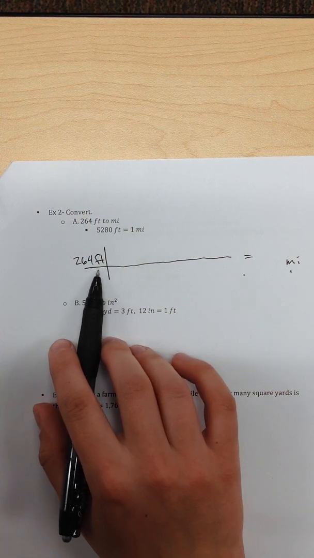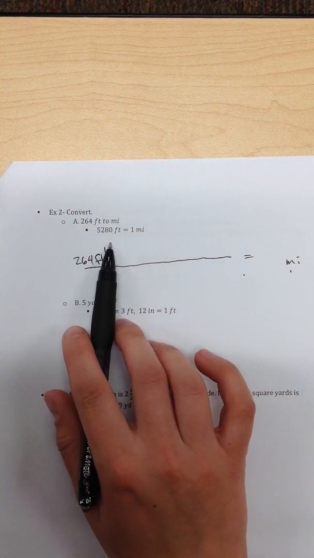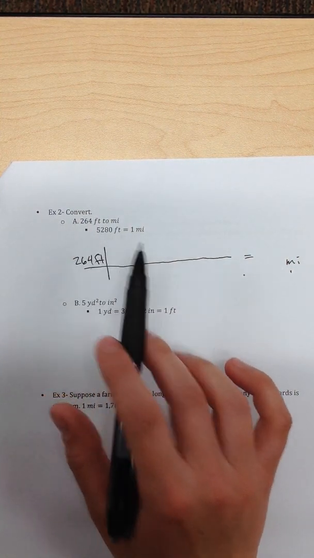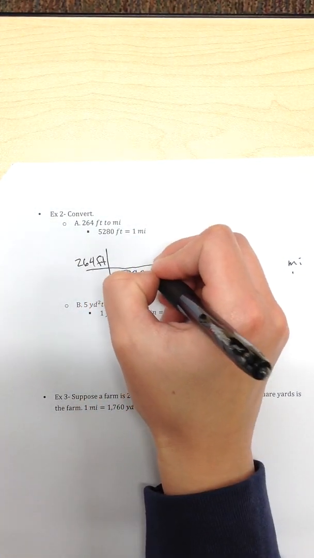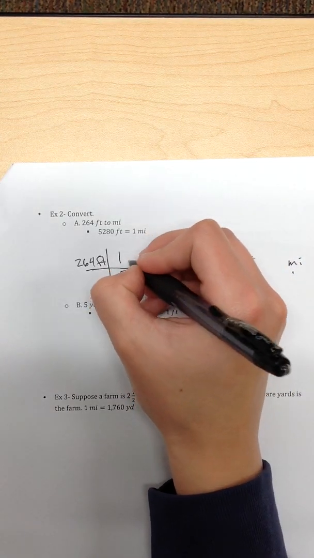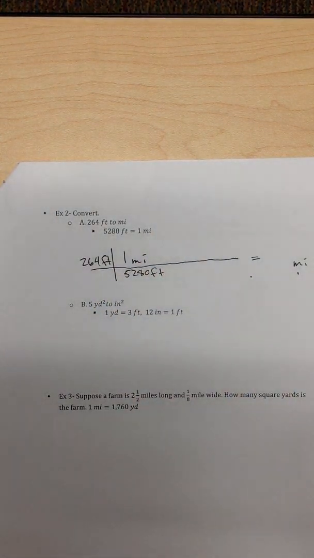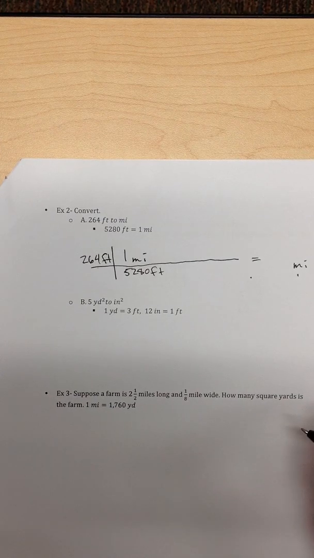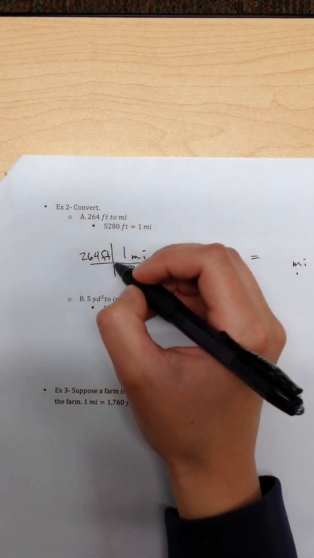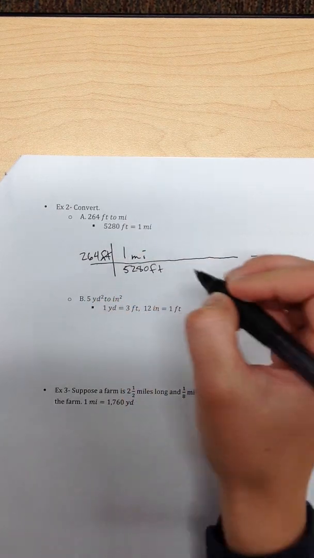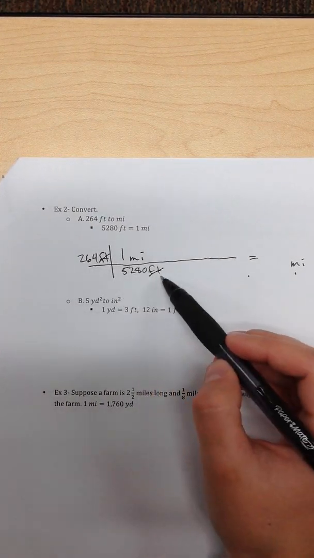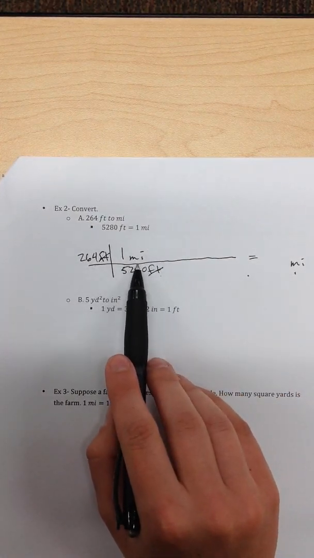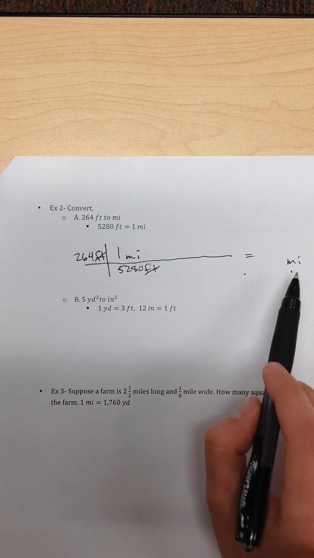So I know that I've got feet on the top, and 5,280 feet is equal to 1 mile. So what I can do here is I can put 5,280 feet on the bottom and 1 mile on the top, because what's neat about this is if we think about it as like fractions, if I've got a label on the top and a label on the bottom, those can cancel each other out, and now both of my feet go away, and I'm just left with the label of miles, which was my goal to get to.